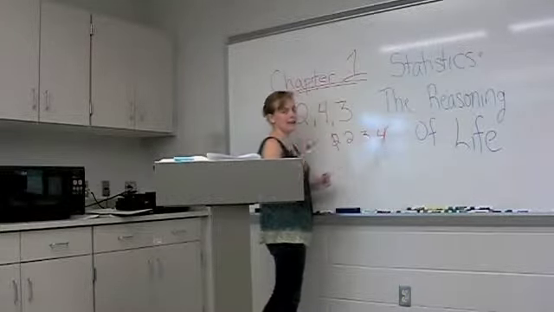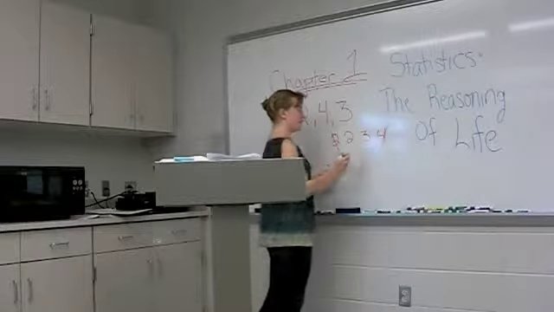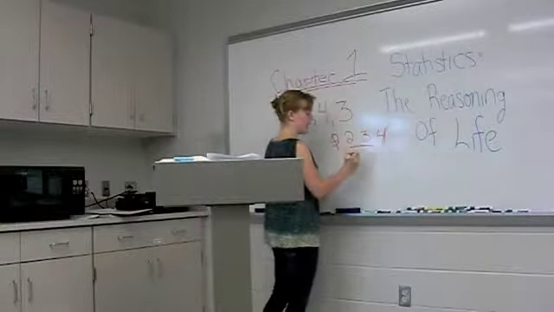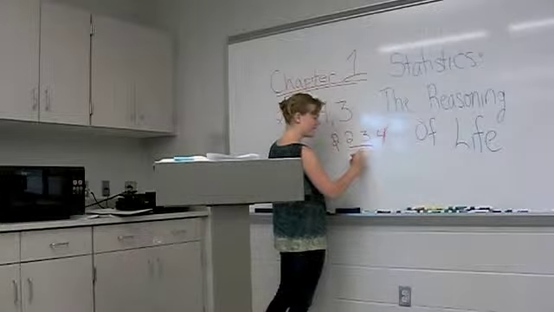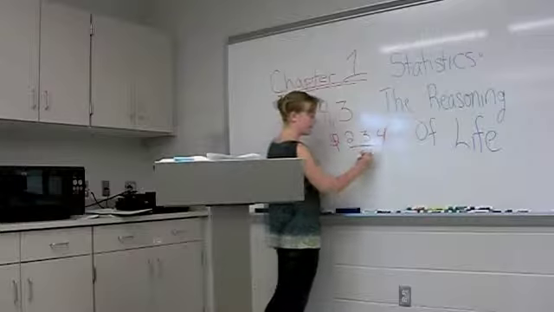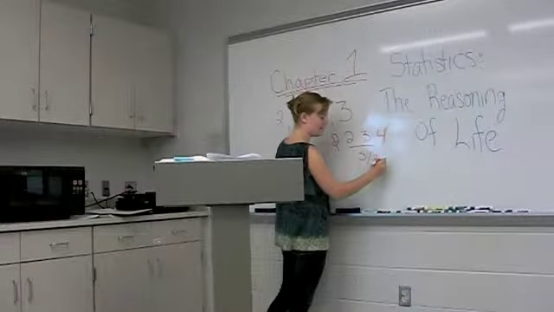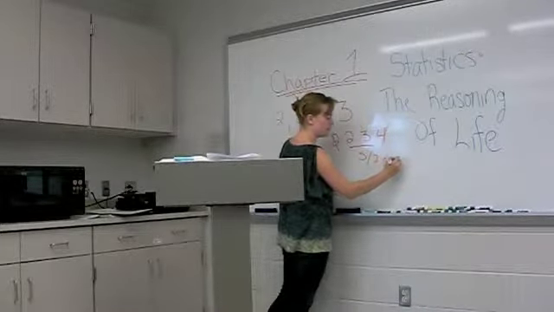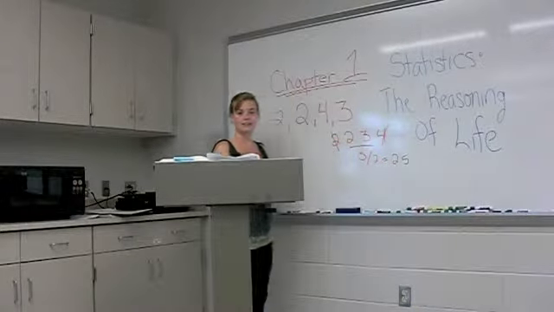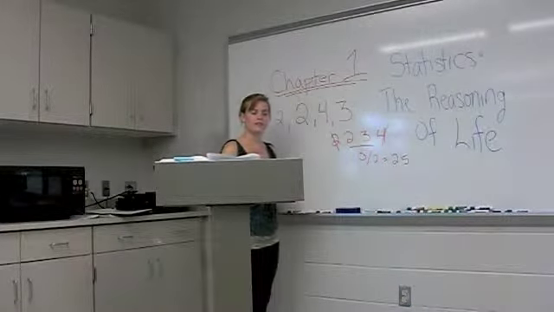And then, since we have a very small set of data and we don't have a middle number, we're going to take these two numbers, add them together so we get 5, and then divide that number by 2, and that gives us a median of 2.5 as our median.